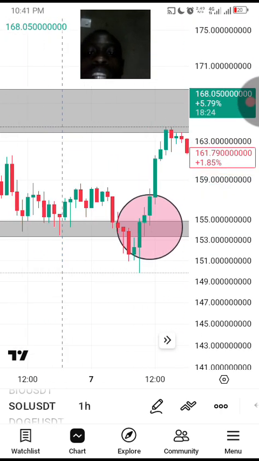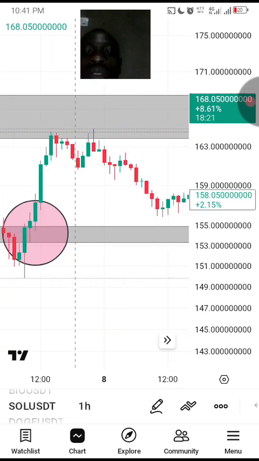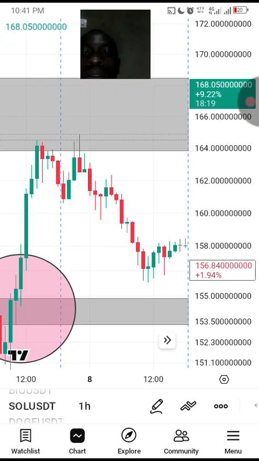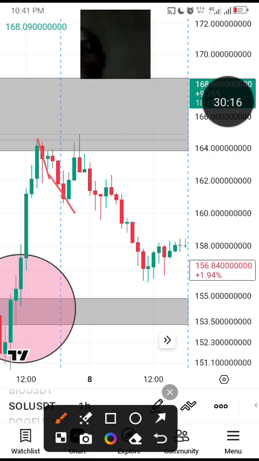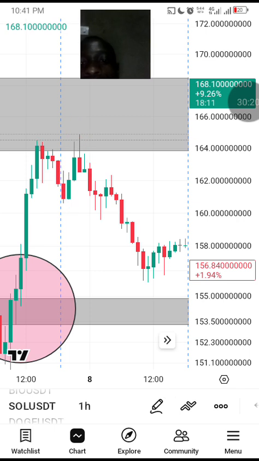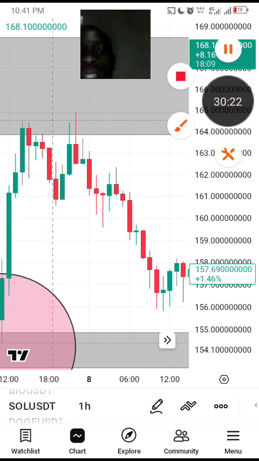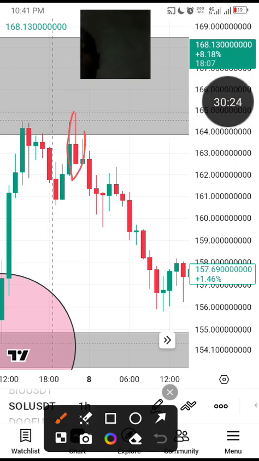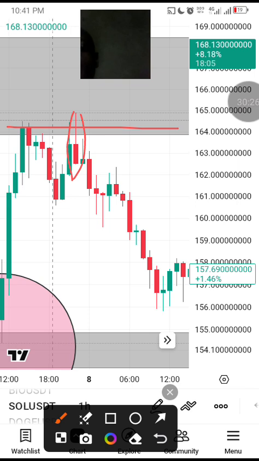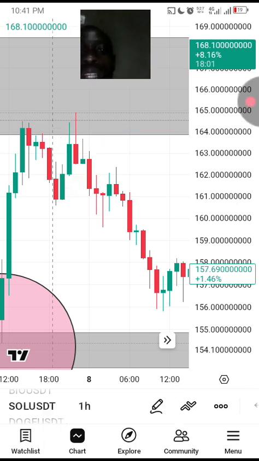You would enter here, then you continue. When you reach here, you can see a retest happened. You come, you retest, you get this candle here. You get this candle which has rejected that top. The movement was like this.